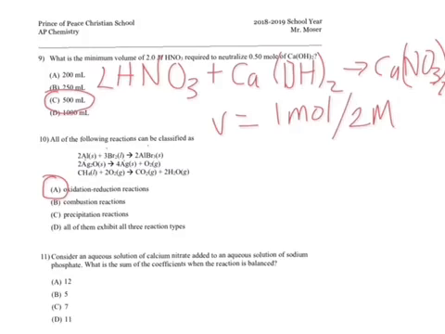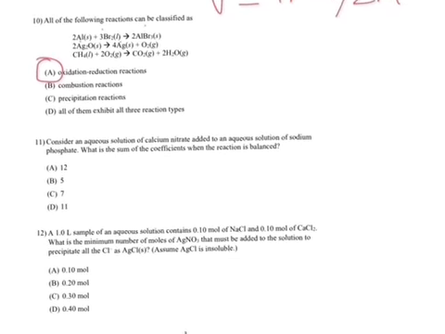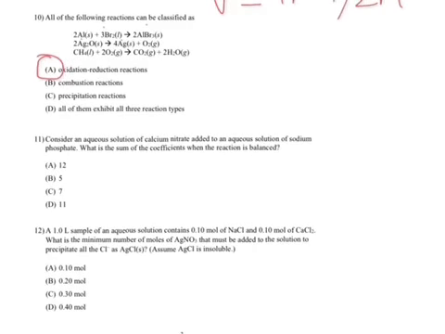All right, number 11, we want to consider an aqueous solution of calcium nitrate added to an aqueous solution of sodium phosphate. What's the sum of the coefficients when the reaction is balanced?